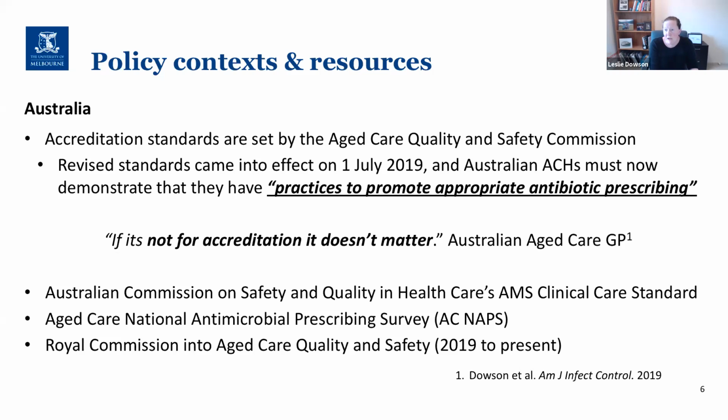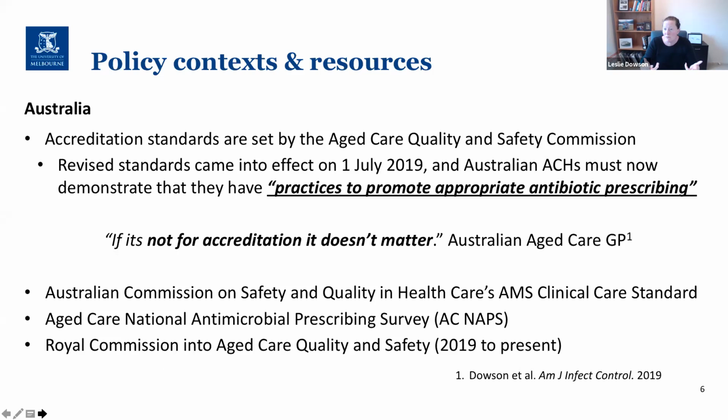But under all this, we do have the Royal Commission into Aged Care Quality and Safety, which has been a massive piece of work and has a lot of potential to shake up the sector. That's one of the reasons why it's hard to make concrete recommendations, because if you start talking about things such as resources, they've now come out with the interim report into the COVID pandemic, and they're now saying that infection control officers are mandatory.